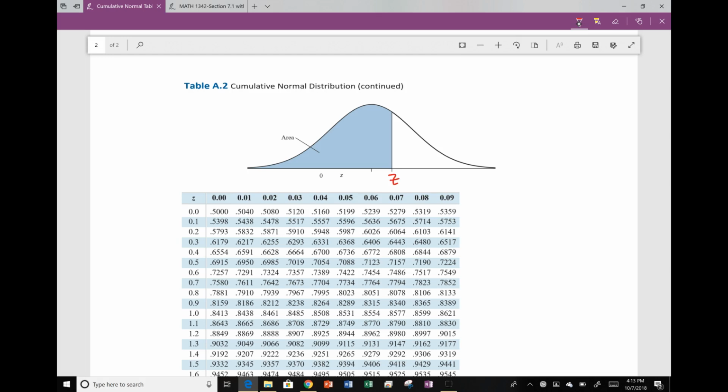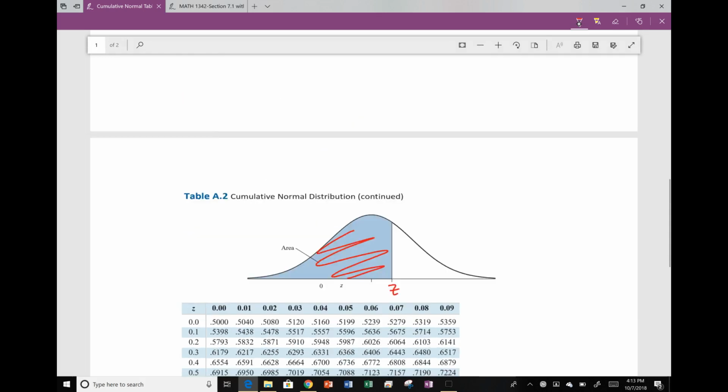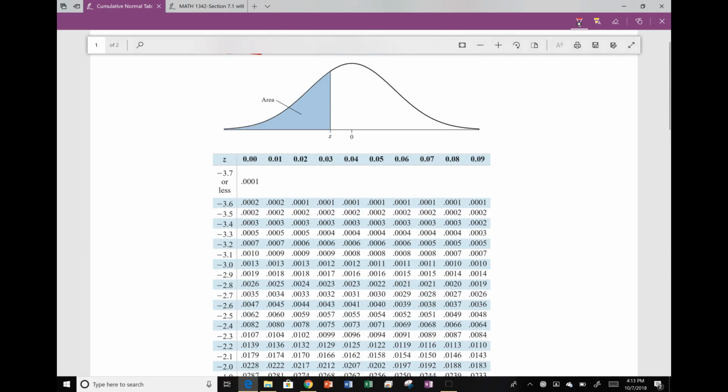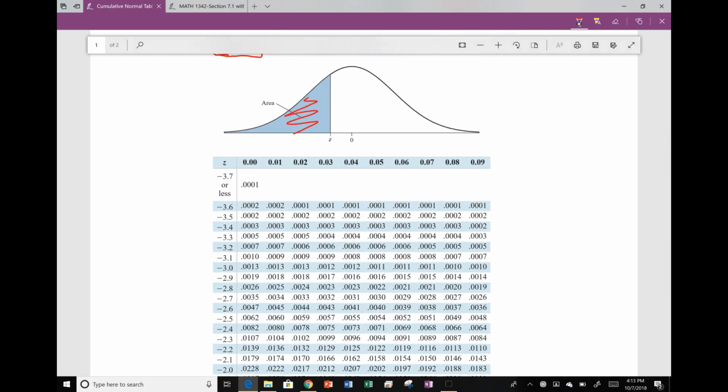So here's my positive z, we're talking about this area here, or up here, we're talking about the area to the left. So anytime we look up a value on our table, it's going to be that area to the left, not to the right, and not exactly that value. When we have a probability for z-scores, it's very difficult to get that exact value. Usually we look at strictly less than or greater than.